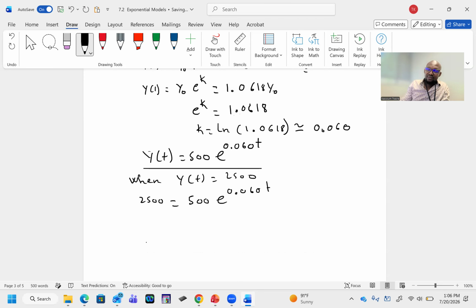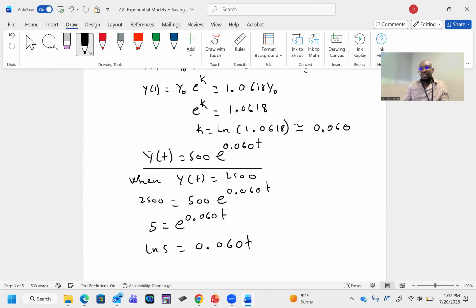So 5 would be equal to e to the power of 0.060t. Next, we apply ln. ln of 5 is equal to 0.060t.